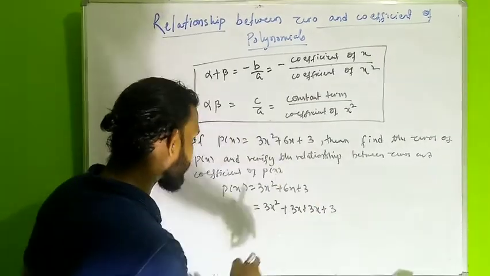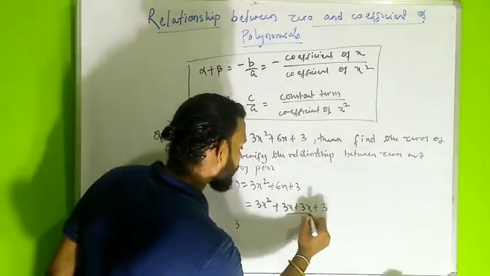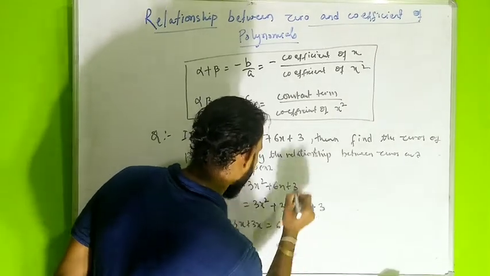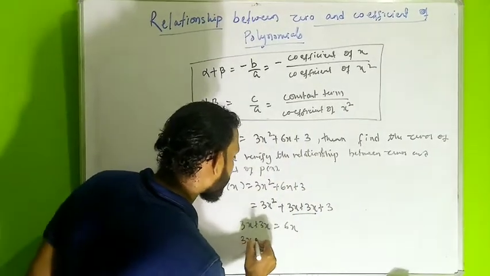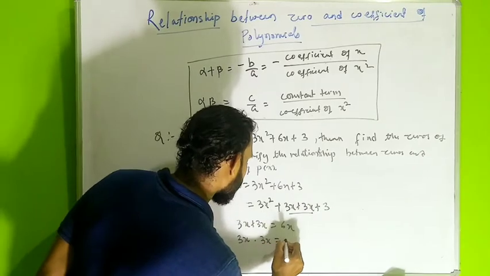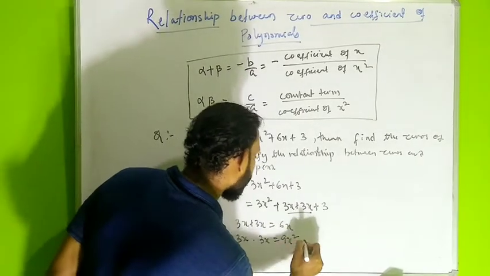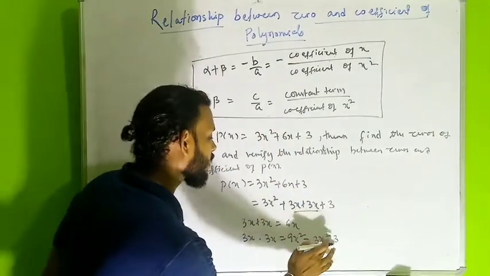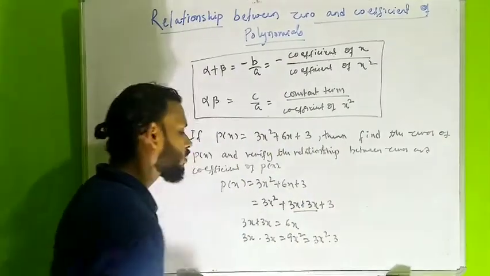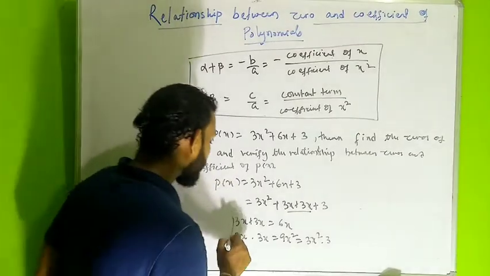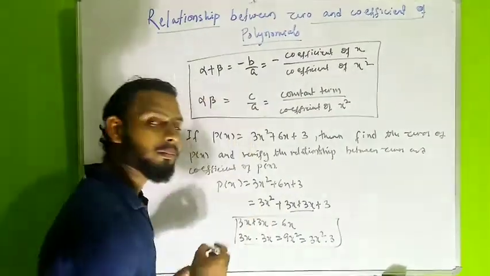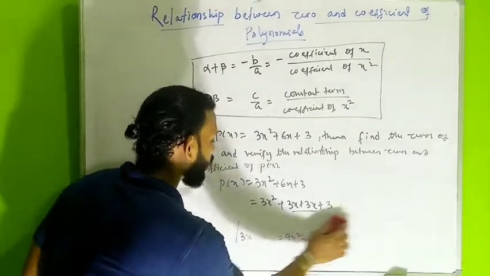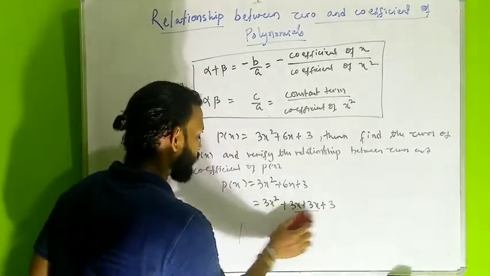Okay, so as you can see, this middle term 3x plus 3x is equals to 6x and 3x into 3x is equals to 9x square, that is equals to 3x square into 3. Okay, 3x square into 3. Fine. So this is actually the rule for the middle term factorization. So I will not go through that deeply. So we'll just focus on this question.